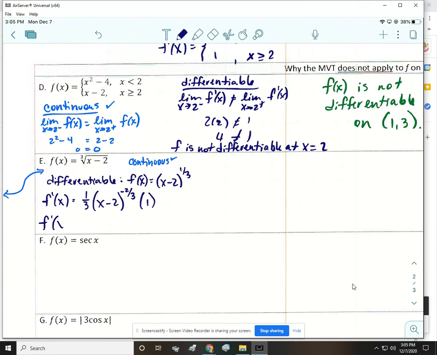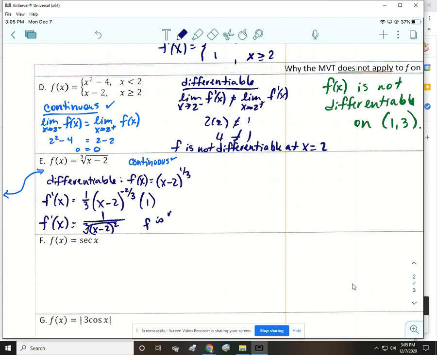So f prime of x is going to be equal to 1 over the cube root of x minus 2 squared. All right, so if there's a place on this function where the derivative is undefined, then the function is not differentiable there. And there is, because if x is 2, that's going to give you 0 in the denominator.